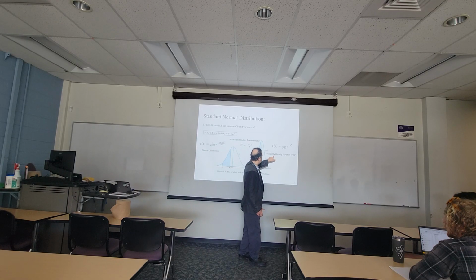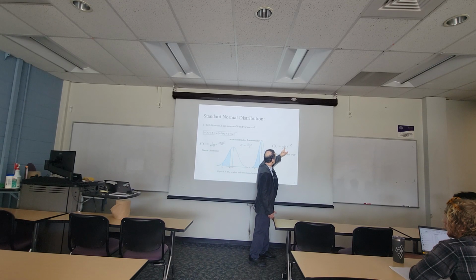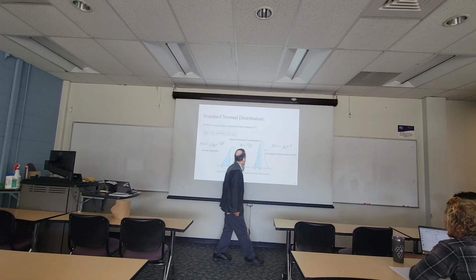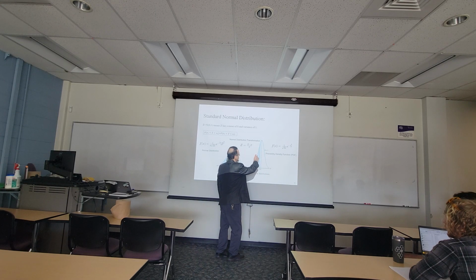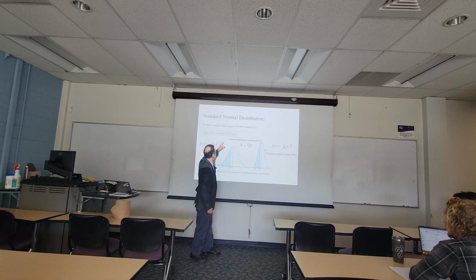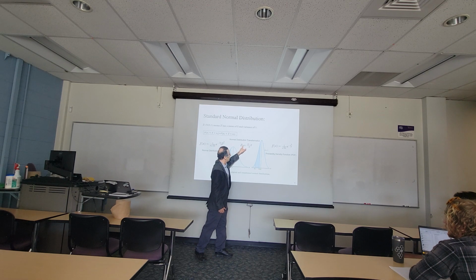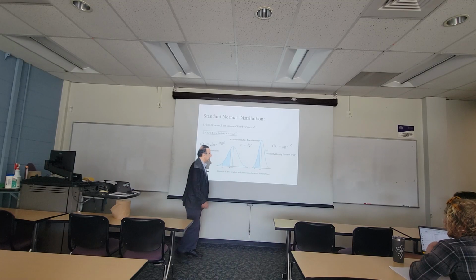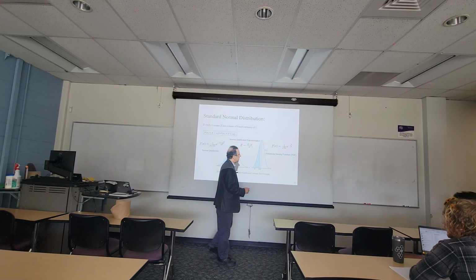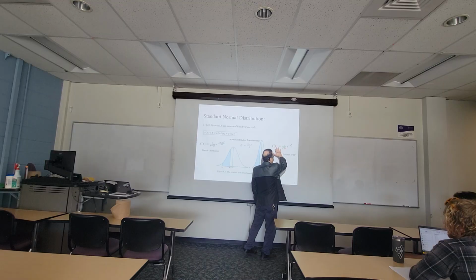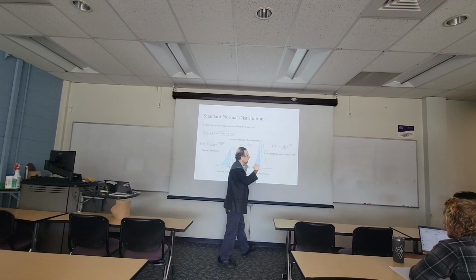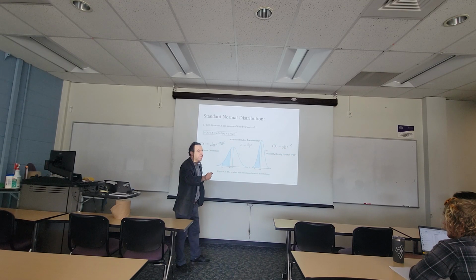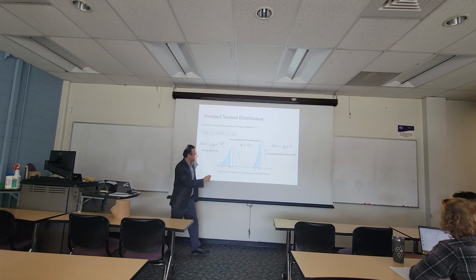We call this the probability density function, and this is the new equation, because we substitute this term with this one. Now this is z. Again, you don't need to calculate the integral of this one. We use the z table to find the probability. For every z, we have this area.